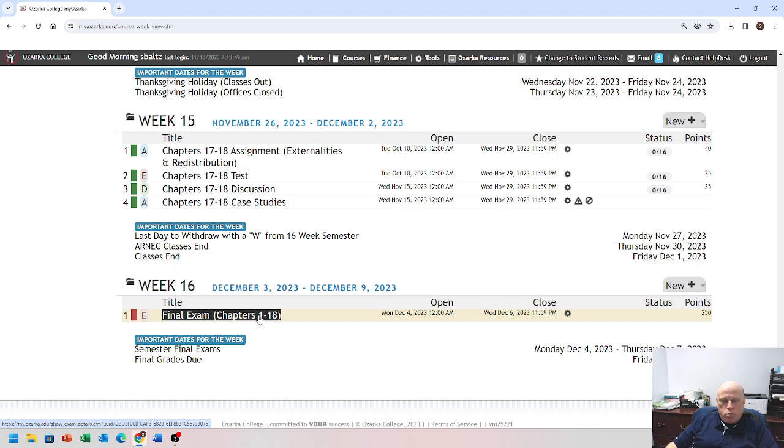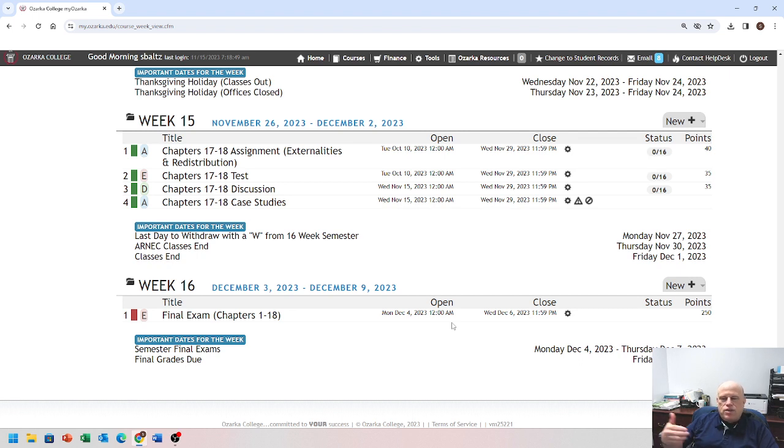So it will be a comprehensive exam. You'll take it online just like your other chapter tests, and the same way you did your midterm exam. But there will be a time limit on the final exam. So keep that in mind. That'll be available from Monday through Wednesday of final exam week, which is basically December 4th through the 6th.